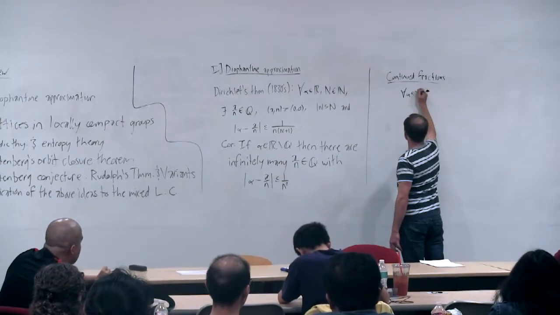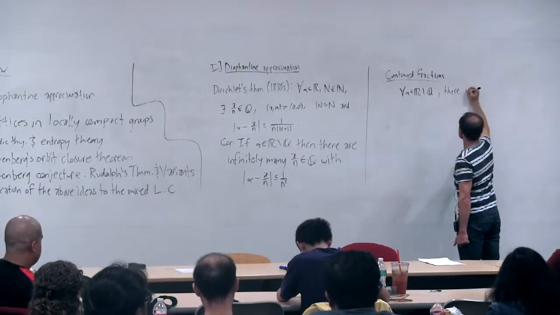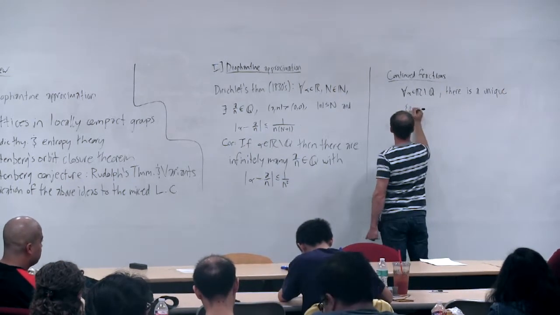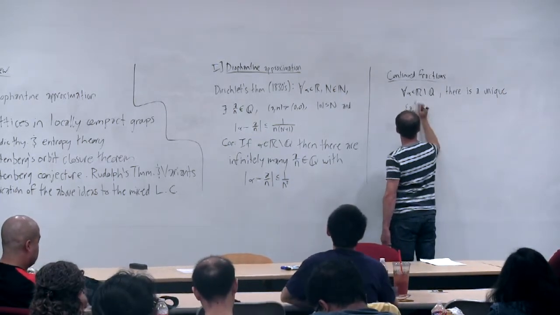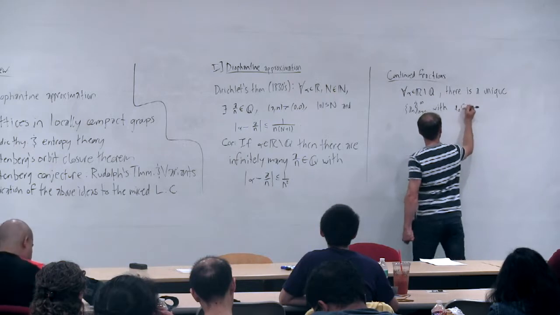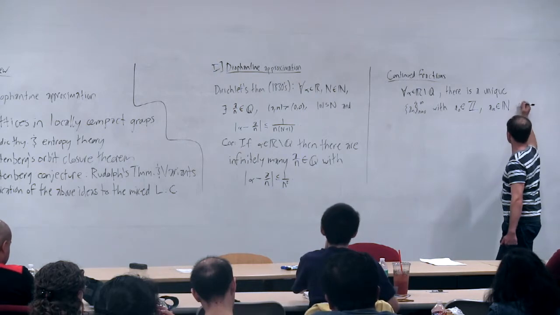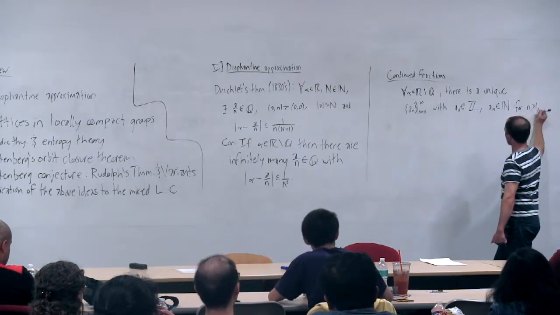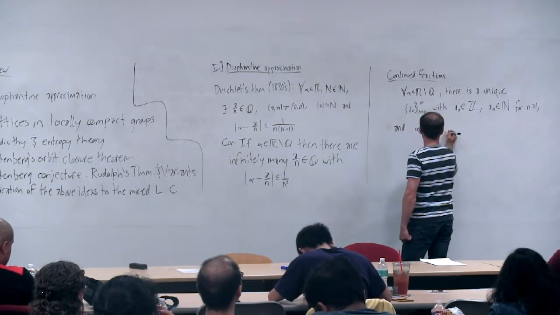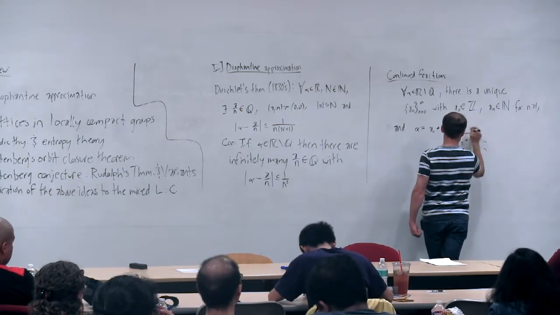For any irrational number alpha, there is a unique sequence of integers a_n, n going from 0 to infinity, with a_0 in Z, all of the rest of the a_n's bigger than or equal to 1, and for which alpha is equal to a_0 plus 1 over a_1 plus 1 over a_2 plus 1 over dot dot dot.